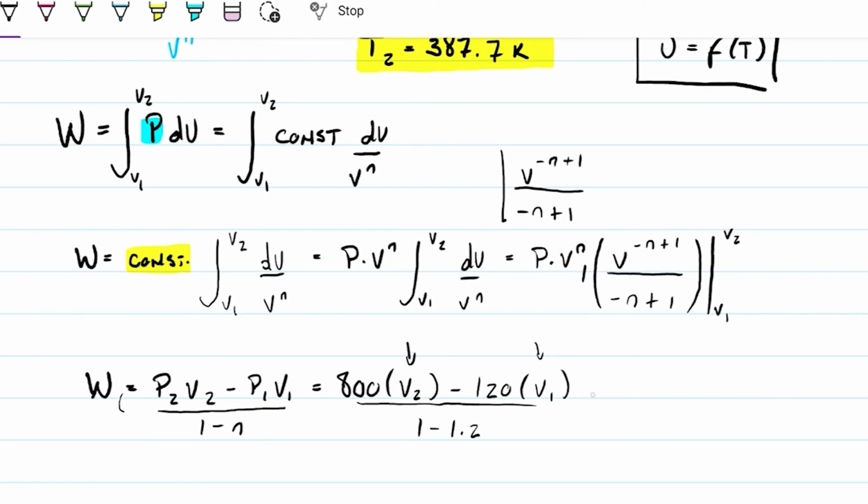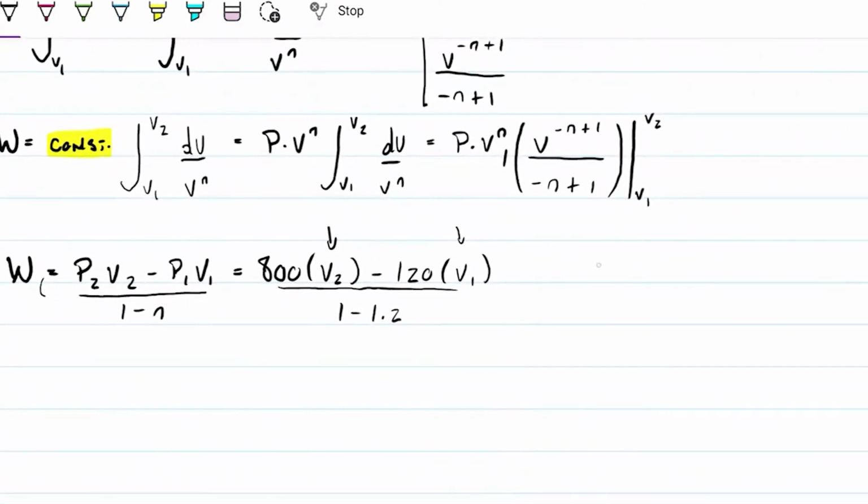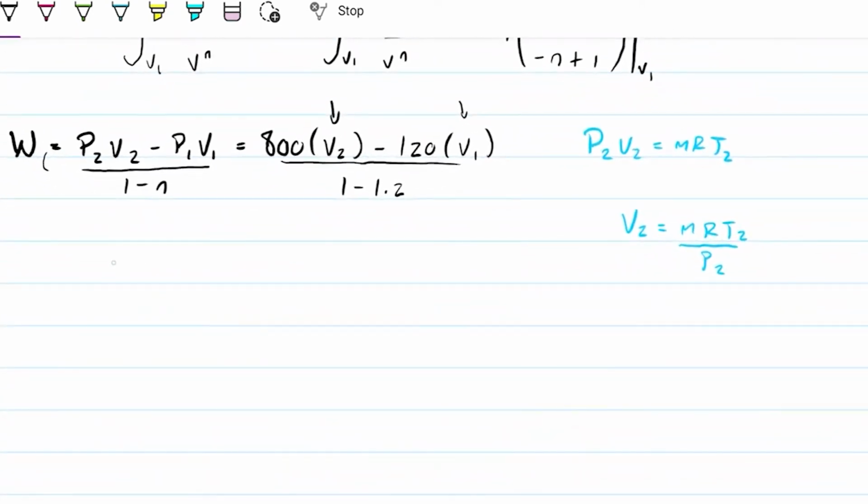So let's just do where we have V2. I'm going to say P2 V2 equals M R T2, so V2 equals M R T2 divided by P2. And the same is going to be true for V1.